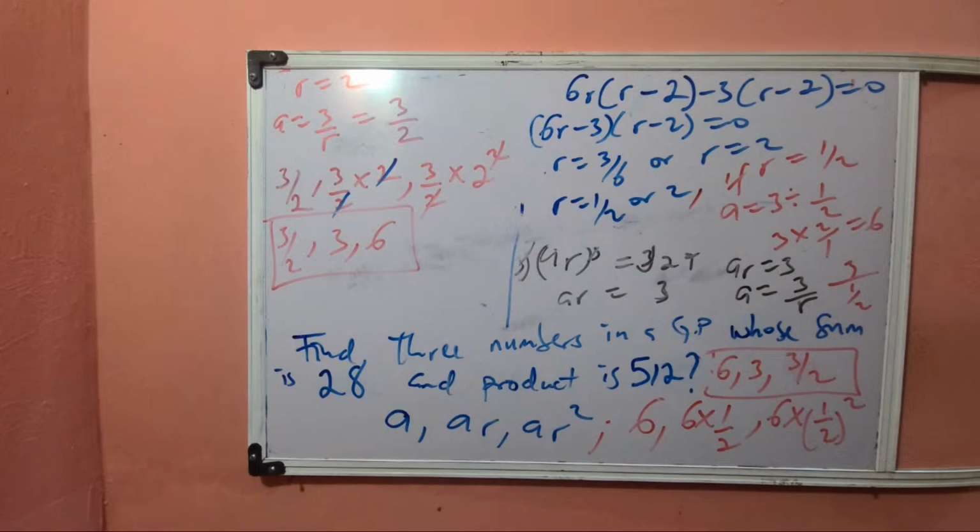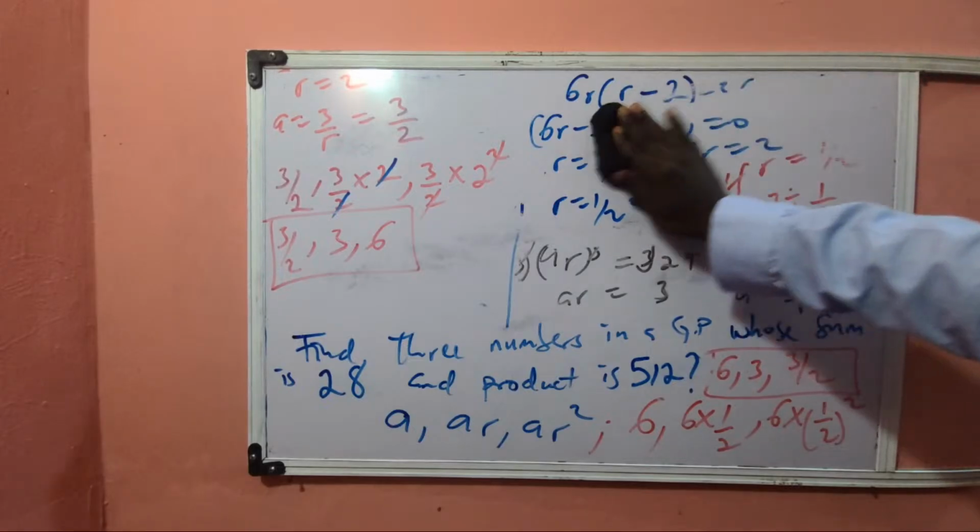So let's quickly run into geometric mean. Very important aspect of geometric sequence. When we talk of geometric mean, don't forget we discussed arithmetic mean when we were solving AP. When we're dealing with AP, we talked about arithmetic mean.